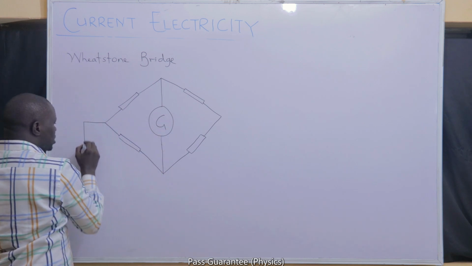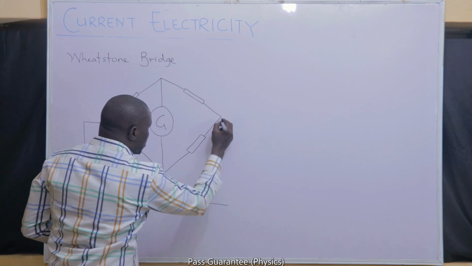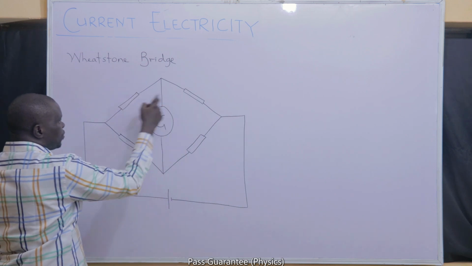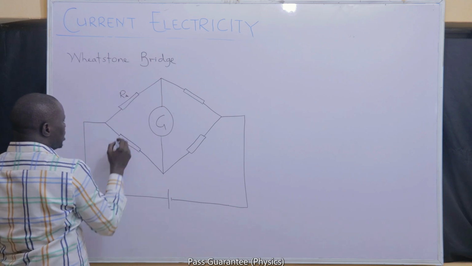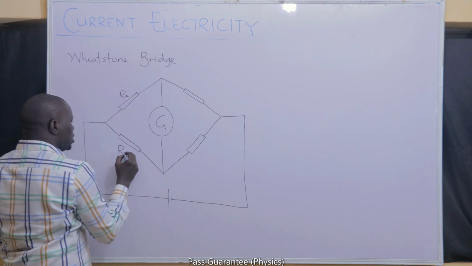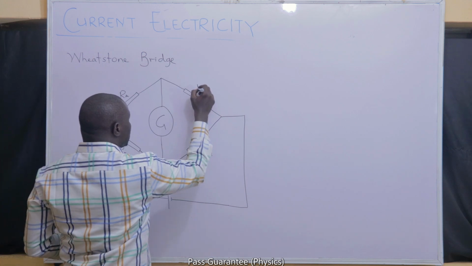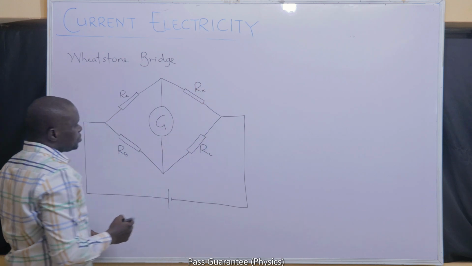The arrangement is what is shown above. I'll create a circuit where there will be an arrangement of four different resistors. Let's say this is resistance A, this is resistance B, this is resistance C, and this is the resistor that I want to find the resistance of.